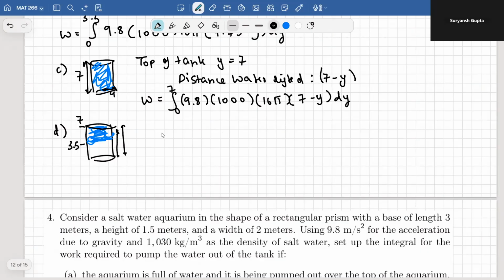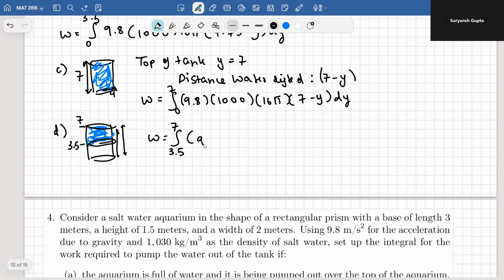So then my work expression in the end ends up being, it's not 0 anymore. Since I'm only worried about the top half part, it's going from 3.5 to 7 because I'm only looking at the thin slices from this half and up.